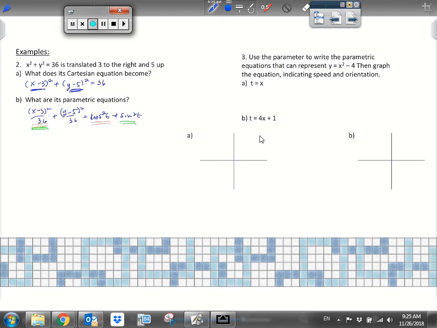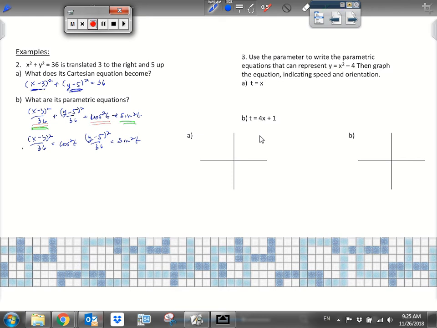So we're going to say x minus 3 squared over 36 equals cosine squared t, and y minus 5 squared over 36 equals sine squared t. Again, if we wanted it to go clockwise, we would have to reverse that.